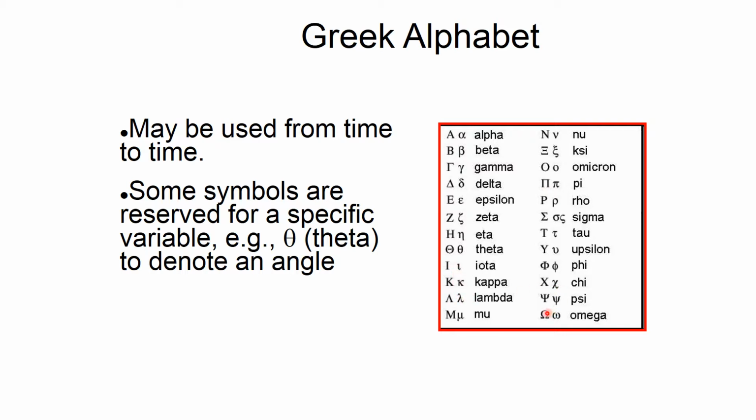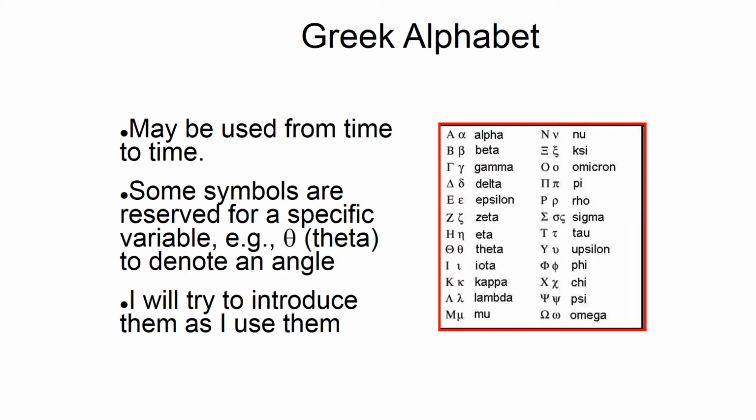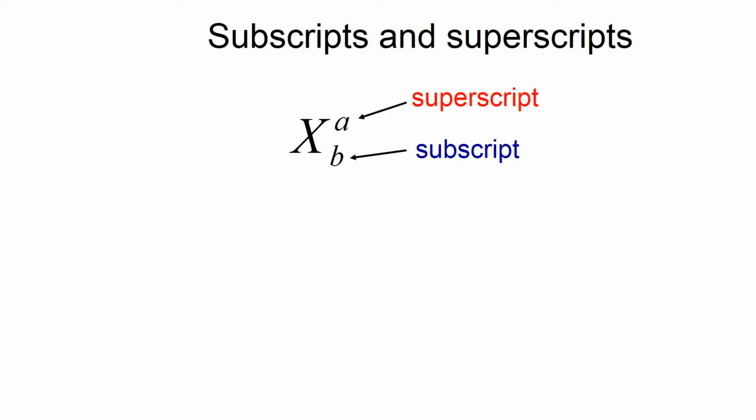Omega is sometimes related to wavelength or rotational velocities. And delta is quite often a small change used in calculus, which we'll come to later. I'll try and introduce them when we get to see them.